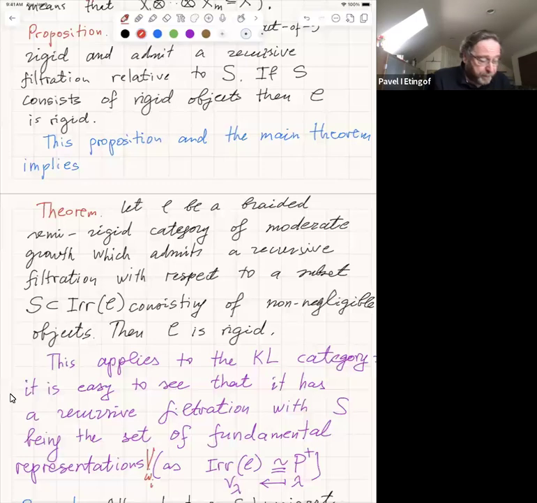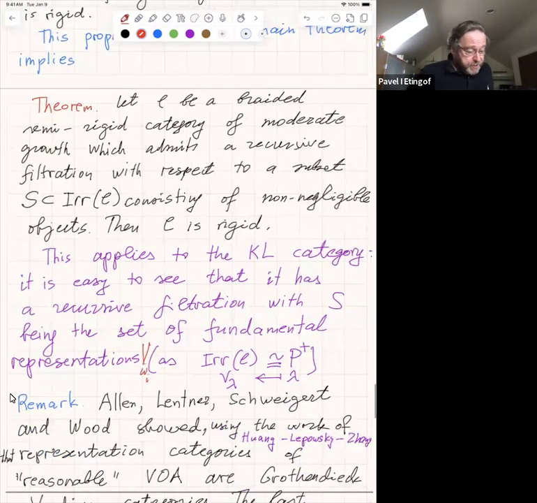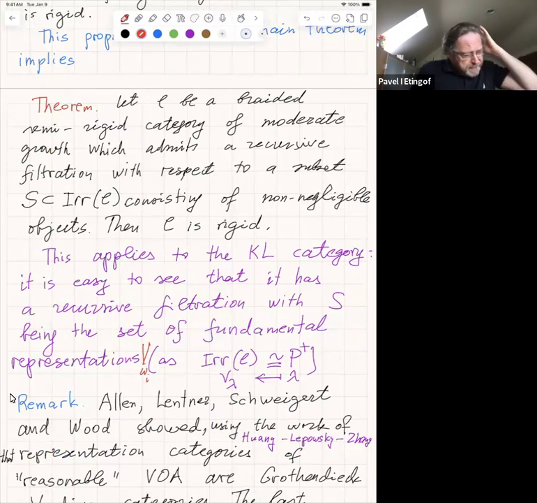Representations are labeled by highest weights, and fundamental representations, under some assumptions on the order of root of unity, that it's not too small, will form a suitable set S, and also they will be non-negligible. And so this streamlines their proof. In fact, our theorem is not too necessary here. What I said streamlines that proof even without that theorem.